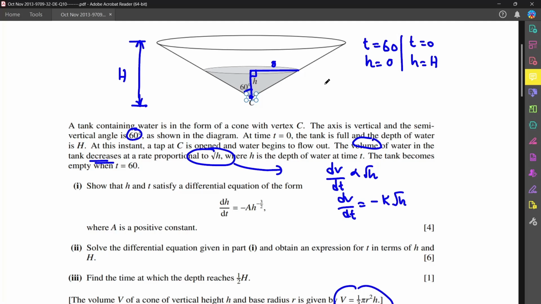You can use SOHCAHTOA. So tan 60 degrees equals r by h. Therefore r equals h times tan 60, and tan 60 is root 3. Therefore r is root 3 h.